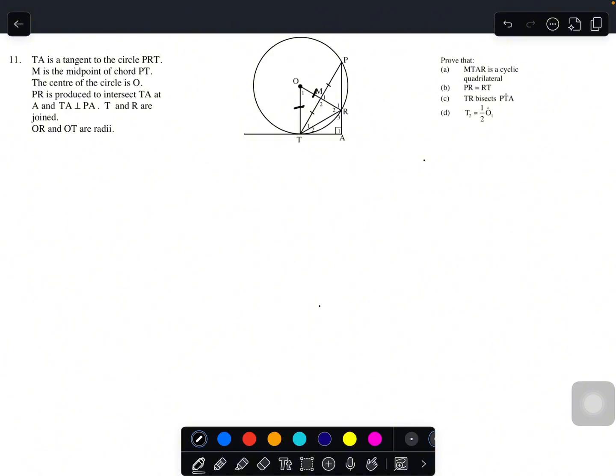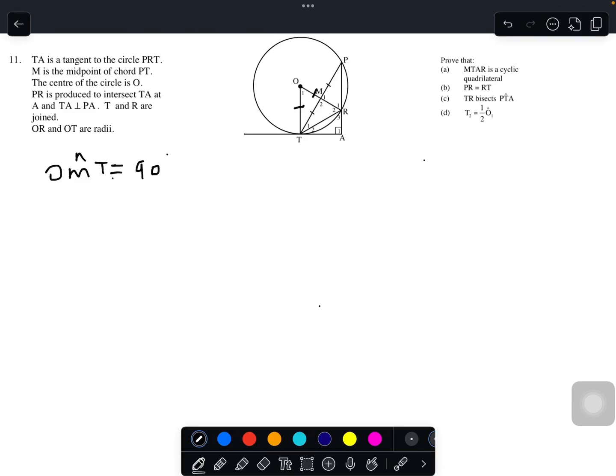When looking at MTAR, we're going to isolate this cyclic quad right here. So what's the closest angle we can find? We can find these angles here. We'd now say that OMT is equal to 90 degrees.